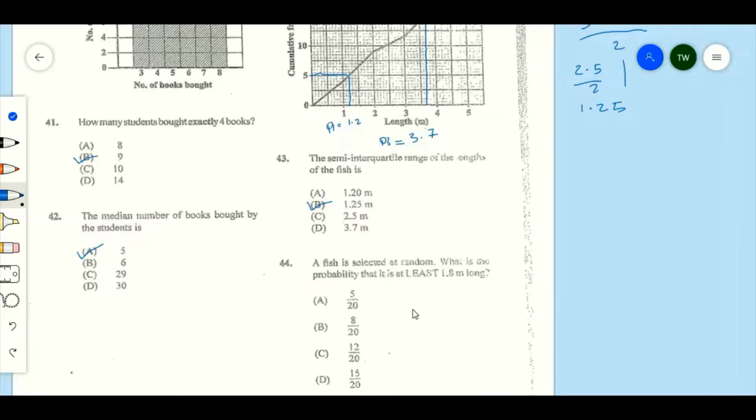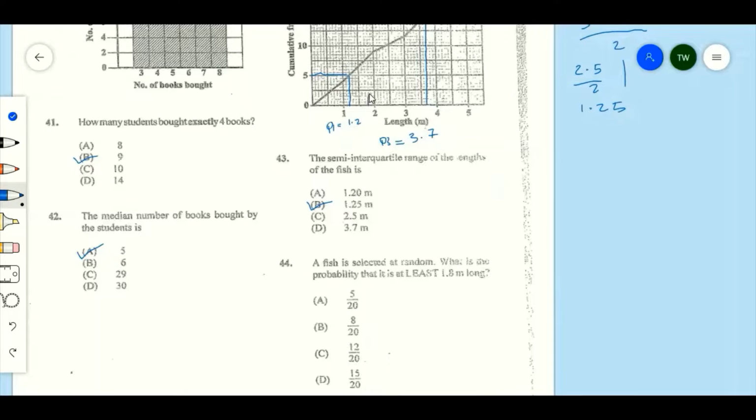Question 44. A fish is selected at random. What is the probability that it is at least 1.8 meter long? So 1.8 meter would be just about here.